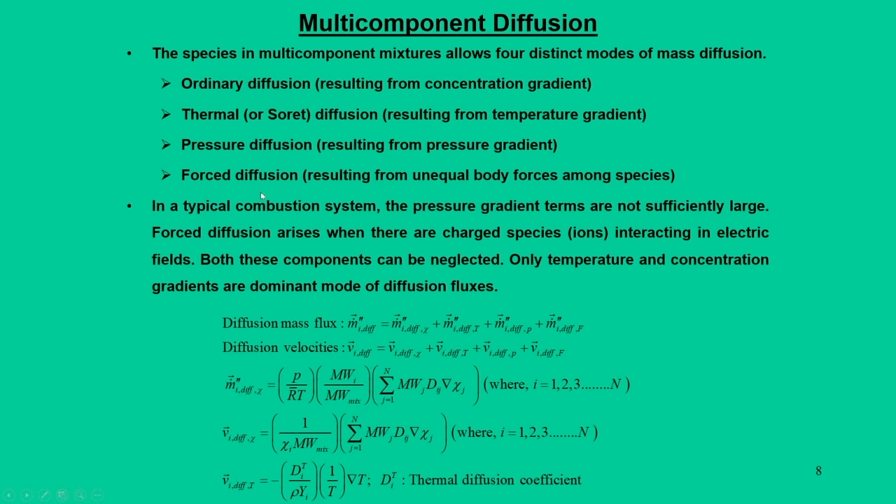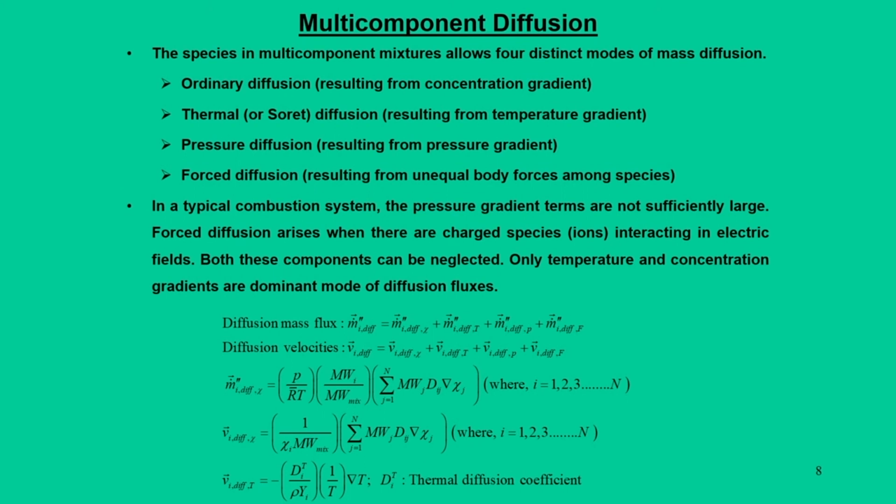So, out of these four, the first two are most important in conventional combustion systems, and the pressure diffusion term is normally not large enough to be taken into account with respect to ordinary or thermal diffusion. And the force diffusion term will come only when, in a reaction, the species are in the form of ions.